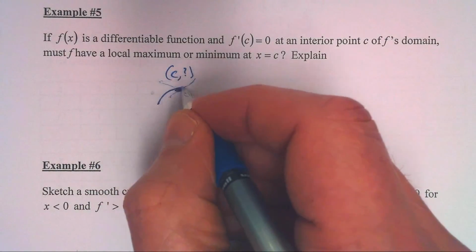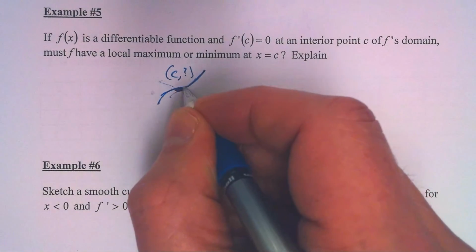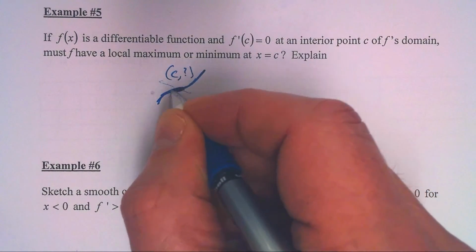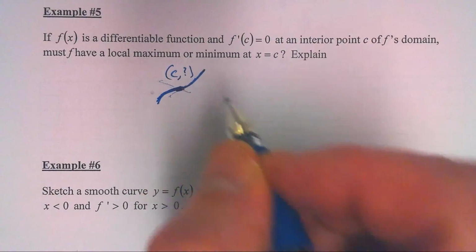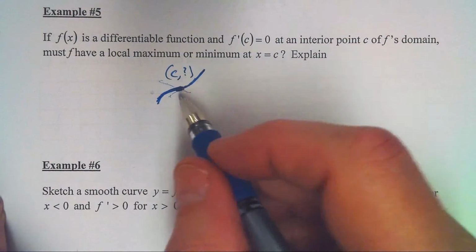No, it could come up and level off and continue up. So that could indicate a slope of 0 where it continues up. So that is false.